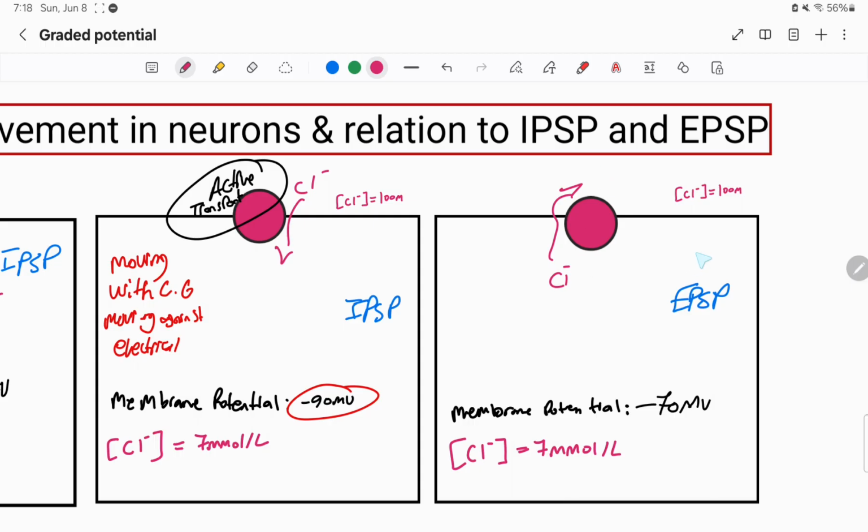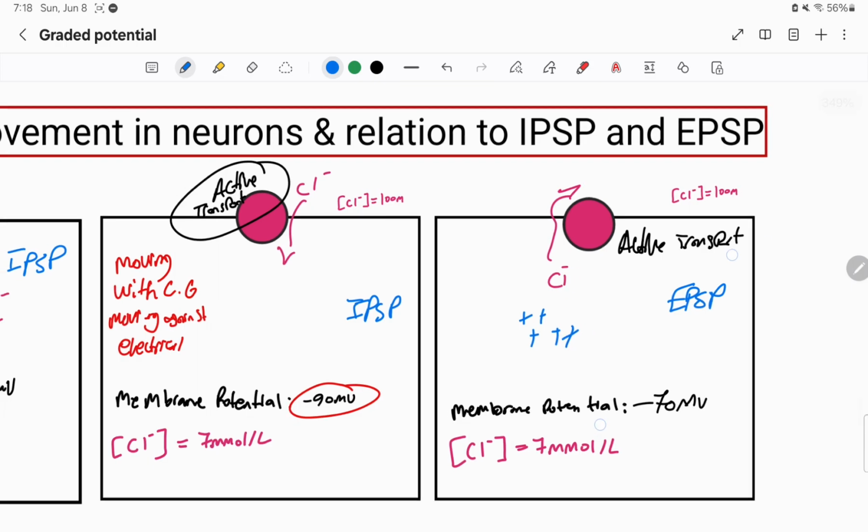What does that require? That requires energy. So again, we have to use active transport. Again, it might require ATP, or it might be secondary active transport. Either way, an EPSP will be caused because I will cause the movement of chlorides out.